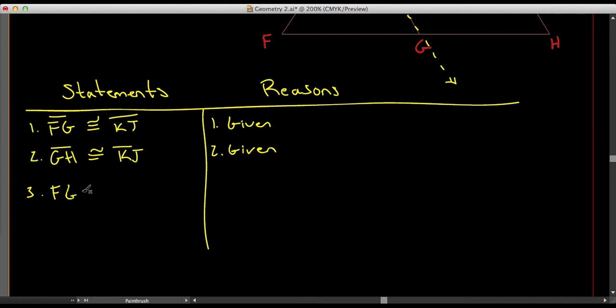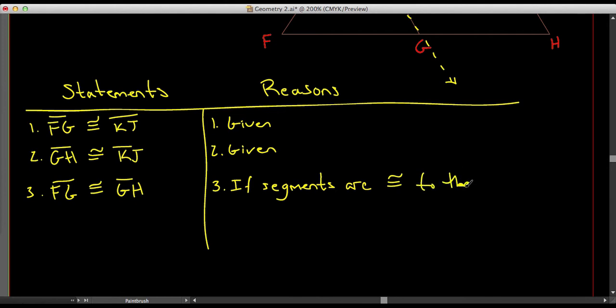So let's say FG line segment is congruent to GH. And we know this because if segments are congruent to the same segment, they are congruent.